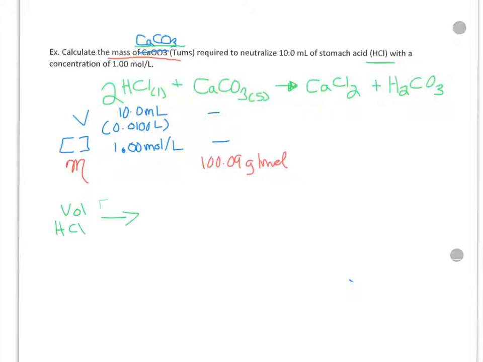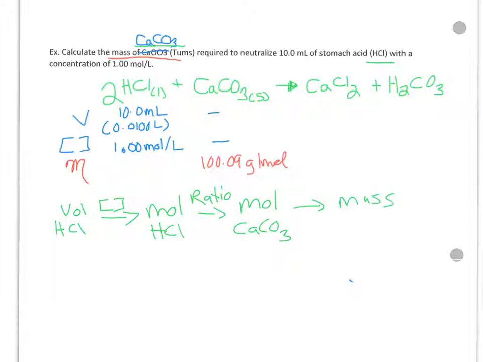You're going to use the concentration to figure out the moles of HCl. Then you're going to use a ratio to figure out the moles of calcium carbonate. And then you're going to take those moles and figure out your mass of calcium carbonate using a molar mass. So this problem does not look like anything new now. You know how to solve it. So plug in your information and find out your answer.